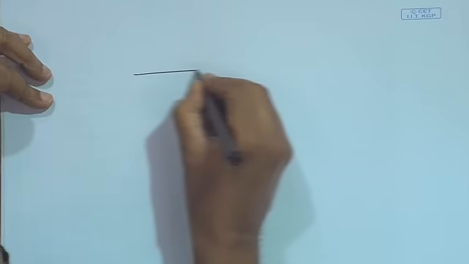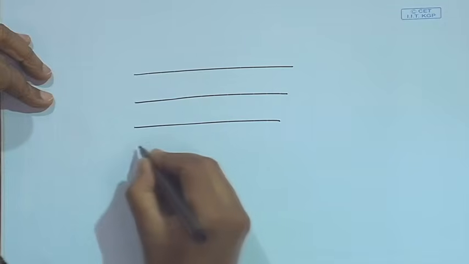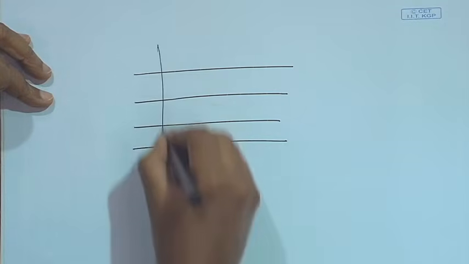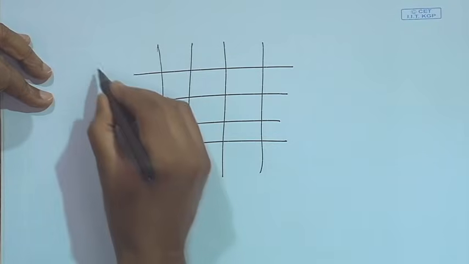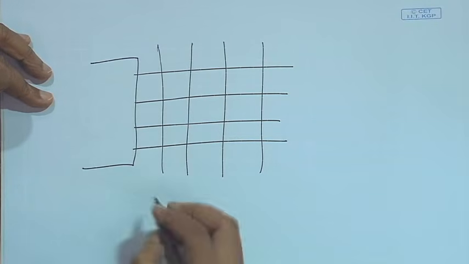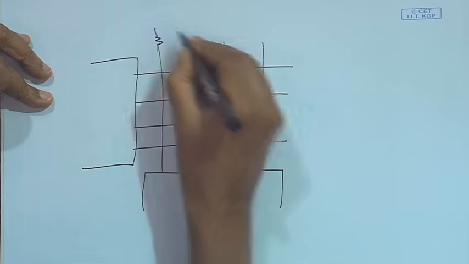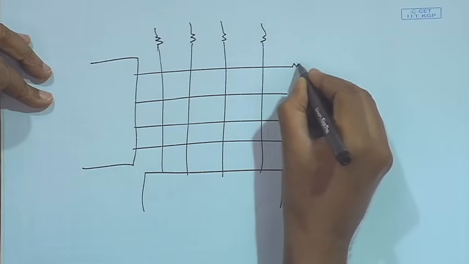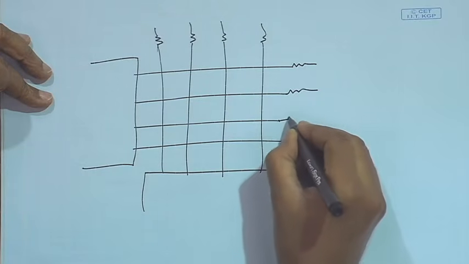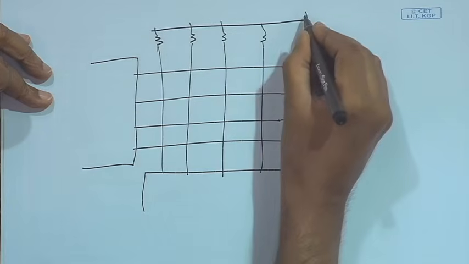Suppose I have 4 rows and 4 columns, as that example shows. There is one port connected on this side, one port connected on this side, and there are pull up resistances which I am not showing. They are all connected to the positive supply voltage.